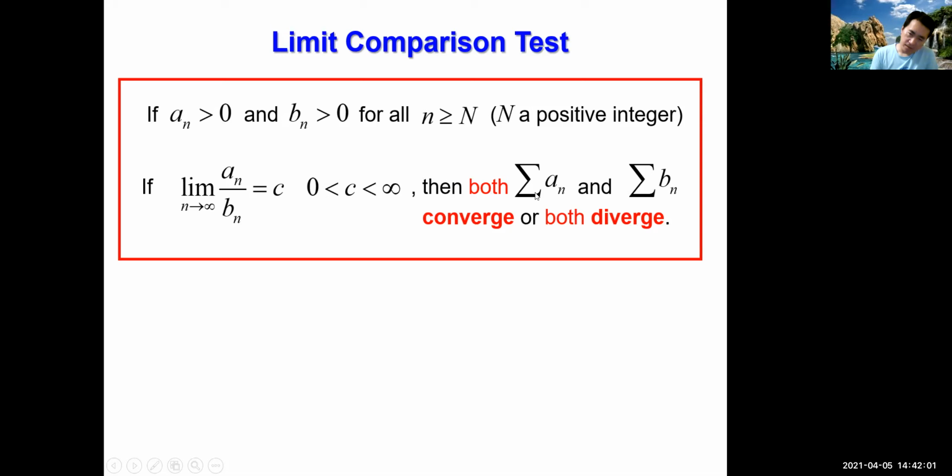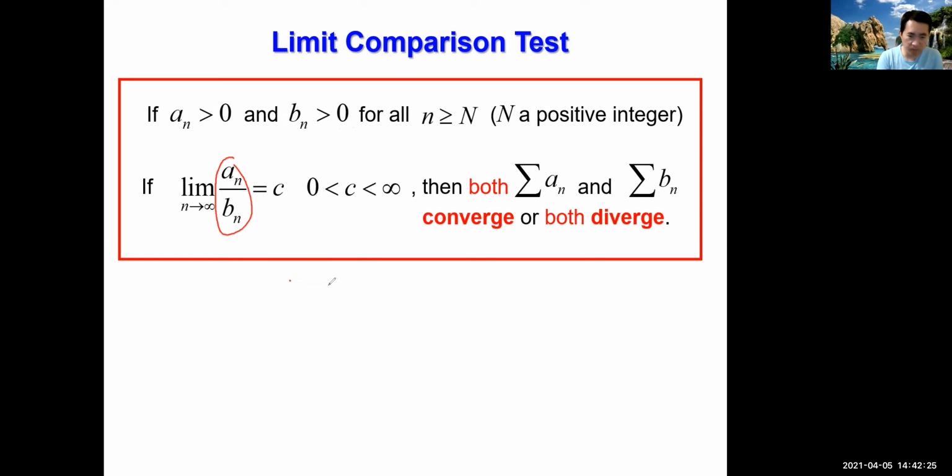When you have the series a sub n and b sub n, instead of comparing term by term, we form the ratios. If we form the ratio a sub n over b sub n, of course the ratios of the terms are not the same.